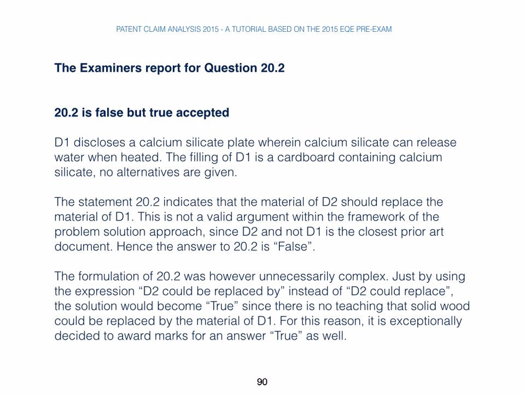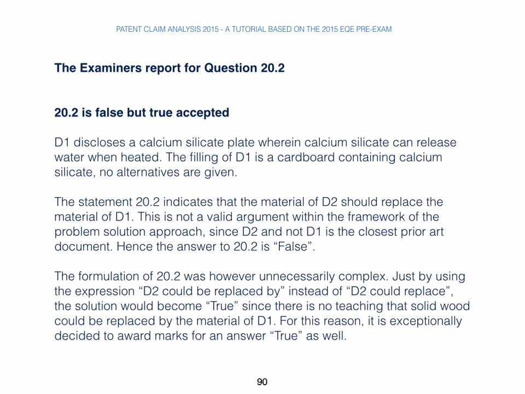No alternatives are given. The statement 20.2 indicates that the material of D2 should replace the material of D1. This is not a valid argument within the framework of the problem solution approach, since D2 and not D1 is the closest prior art document. Hence, the answer to 20.2 is false.